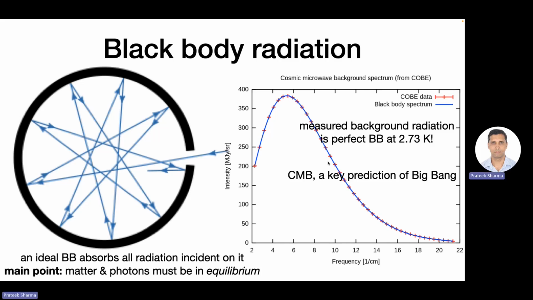The error bars are much smaller than the size of these markers. So this is why people take Big Bang cosmology so seriously. One of its biggest, most important predictions is verified. Whereas in steady state cosmology, it's very difficult to get this. You have to tweak things and so on.